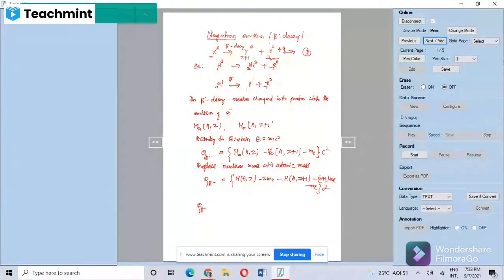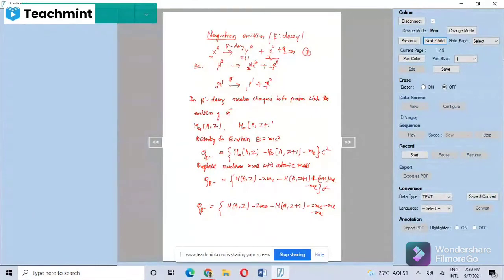Therefore, Q beta minus is equal to M of A comma Z minus Z into Me minus M of A comma Z plus 1 minus, here we have Z plus 1 into Me. If you multiply, you will get minus Z into Me minus Me, and you write this minus Me as it is. So actually this becomes plus, because already we have minus here.